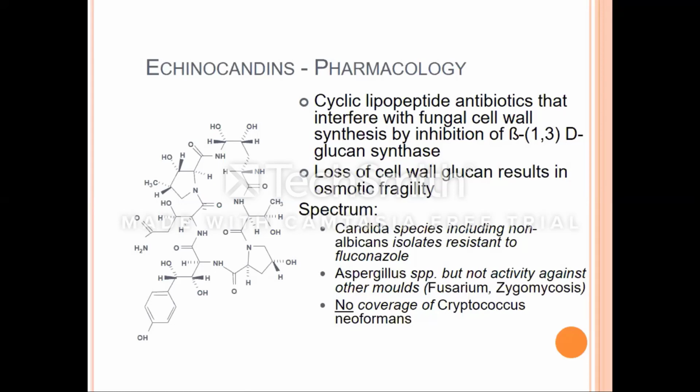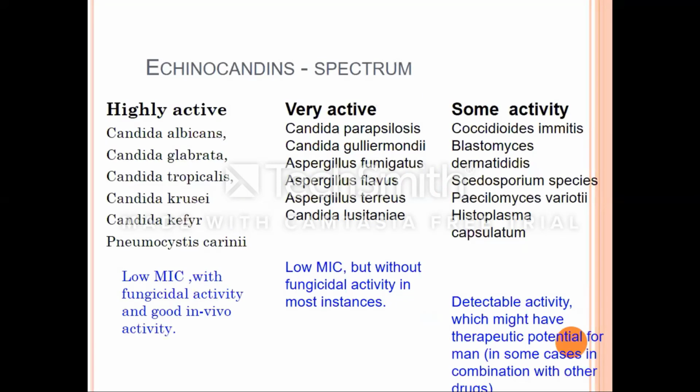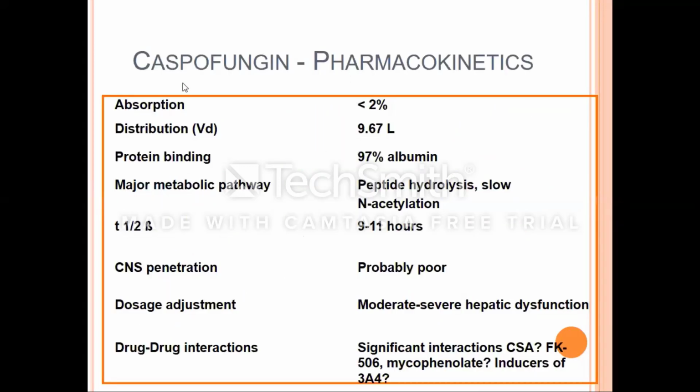So in the resistant condition, echinocandin can work better. It is highly active against all candida type of infection. It is very active against aspergillus and various selective candida infections, whereas it has limited activity against certain blastomycosis or histoplasma capsulatum type of infection.